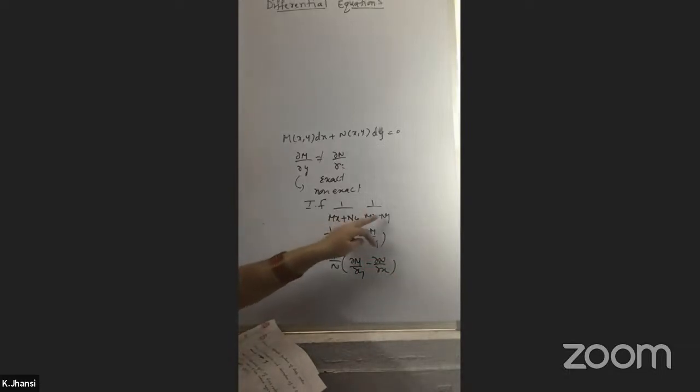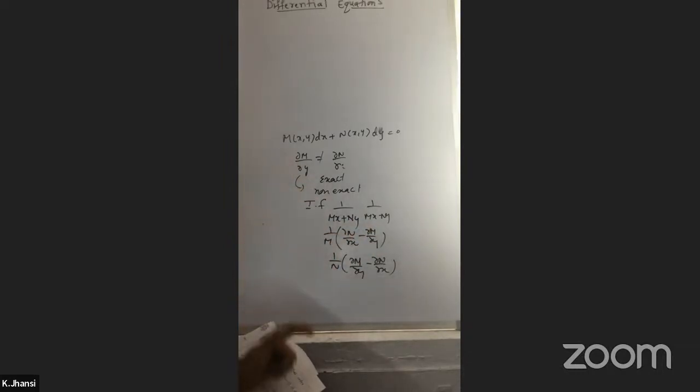Like this you have the 4 integrating factors. By seeing the question, you have to identify which integrating factor is suitable, convert the non-exact to exact, and find the general solution.